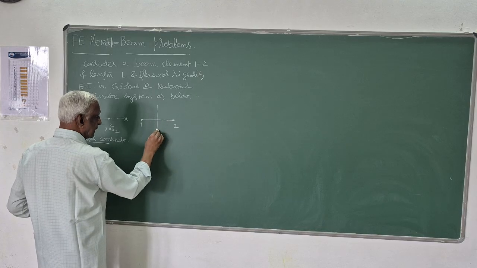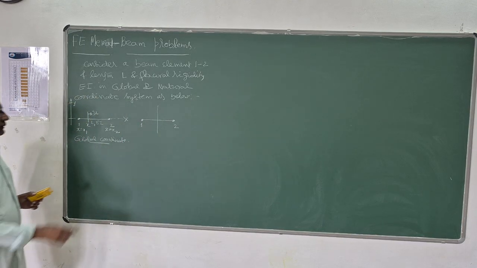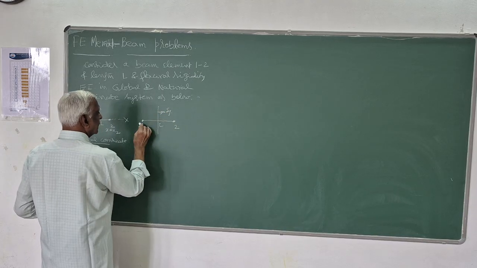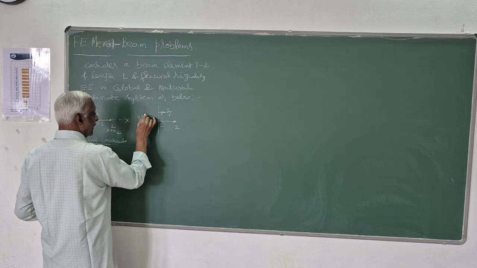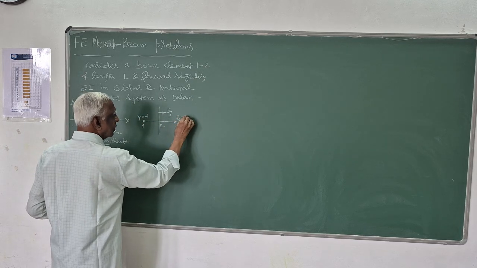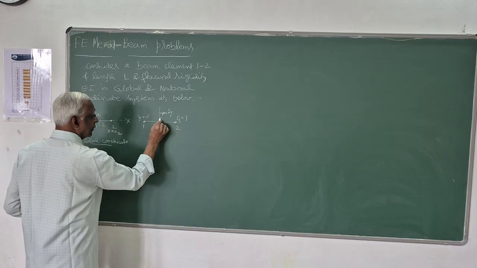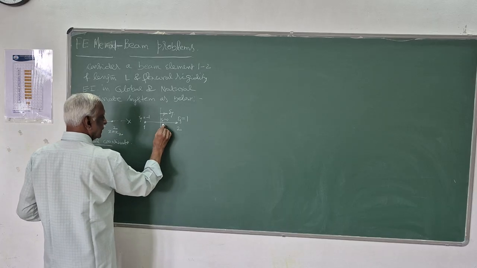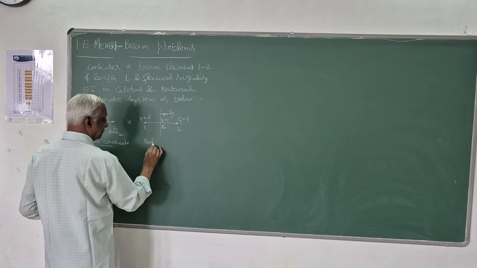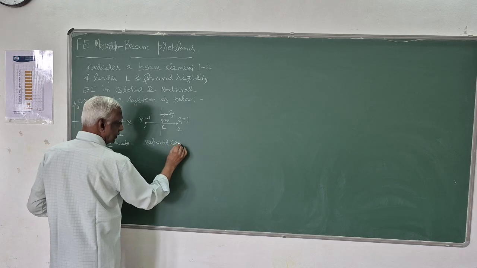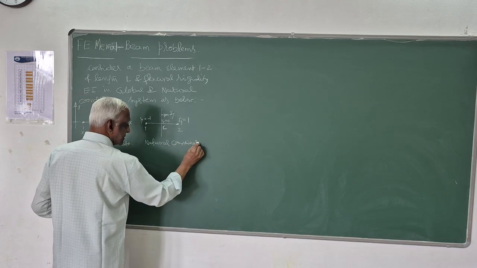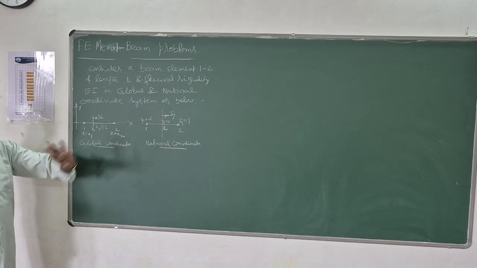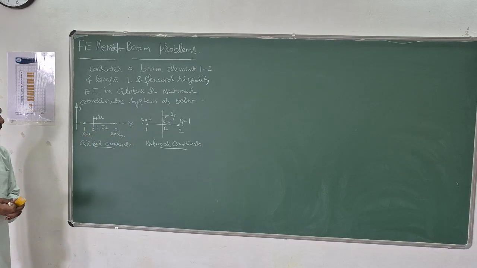The origin is taken at the center, and it is the z coordinate. Here z is equal to -1, z is equal to +1, z is equal to 0. This is the beam element in the natural coordinate system.